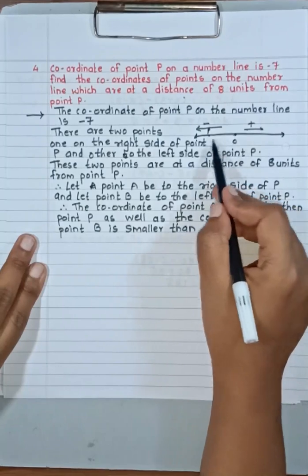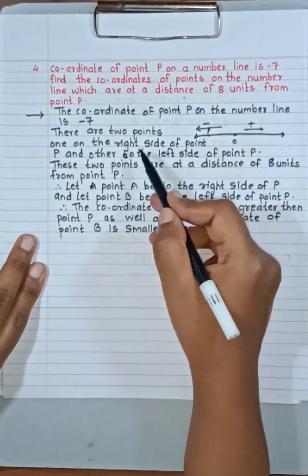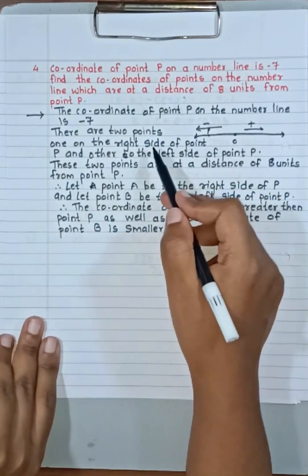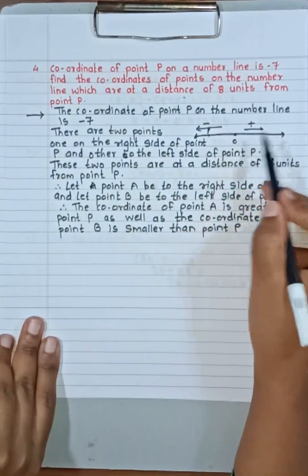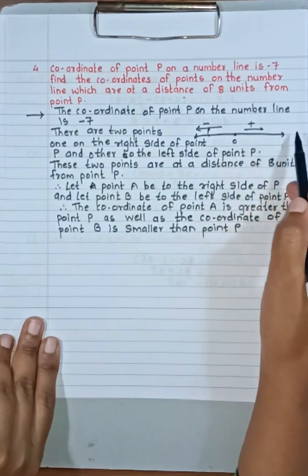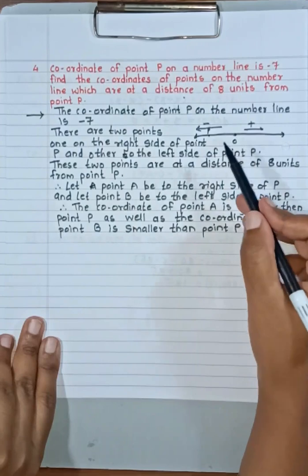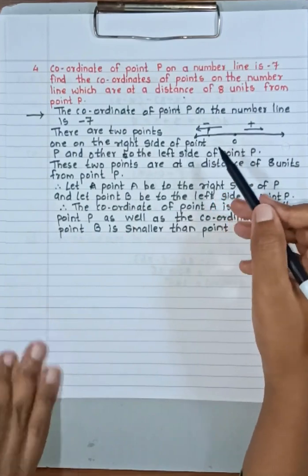Because point B is to the left hand side of point P, and to the left hand side you find all are negative numbers, and to the right hand side you find that all numbers are positive. Therefore the coordinate of A is greater than that of P and the coordinate of B is smaller than that of P.